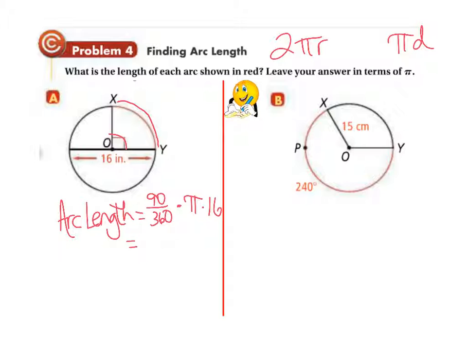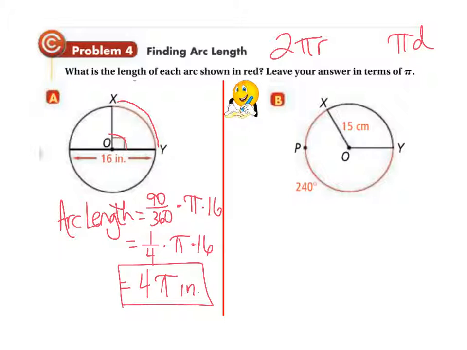Now 90 over 360 is really just 1/4 of the circle, and recall we've done this before, that you're just multiplying these numbers together. The order you multiply them doesn't matter. I'm going to just do some quick mental math. 1/4 of 16 is just 4. So this would reduce to 4 times pi, and we would leave pi in your answer. Your units for this are just, it's a length, so it's whatever anything else measured length is. So in this case, it's inches.